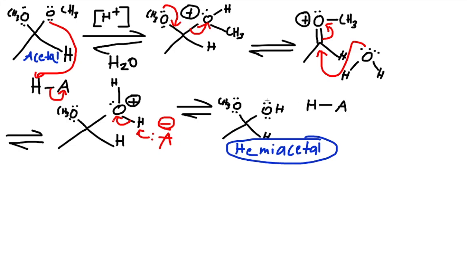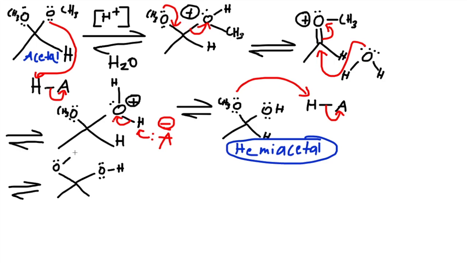From here, the HA comes again, grabs the hydrogen, kicks off the A. We have a formation that would look like this. OH, the alcohol, on the right, and then we would have this as a positive charge oxygen. From here, that forms a double bond and kicks off the methanol. We have a double bond OH.